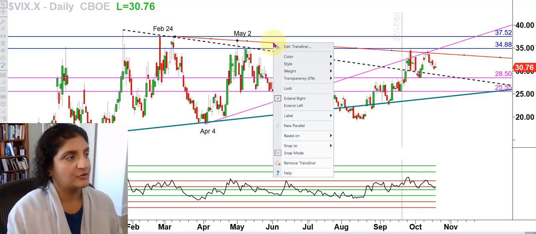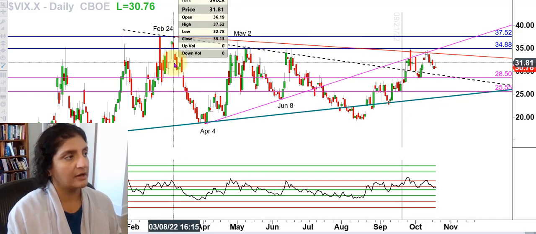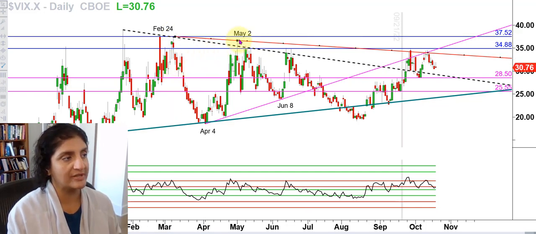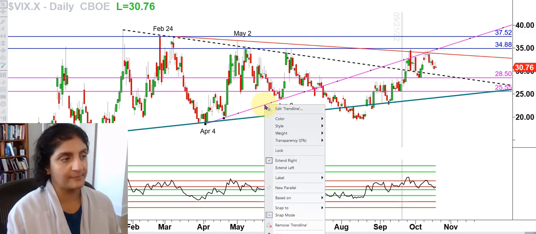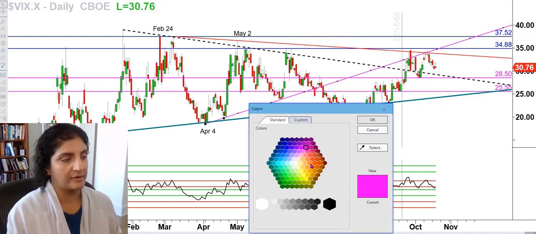Okay. Notice that this red trend line, taking us from the February or March 8th high to the May 2nd high here, has been very useful for resistance, along with this pink trend line, which I'm just going to change, to differentiate colors. We'll make that one orange.